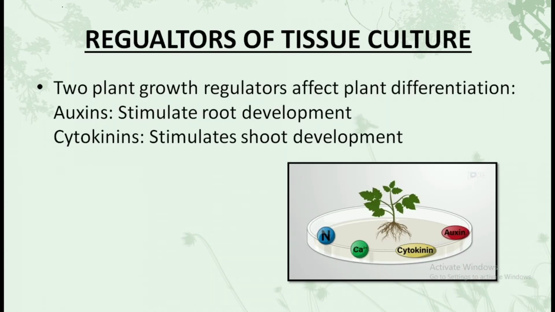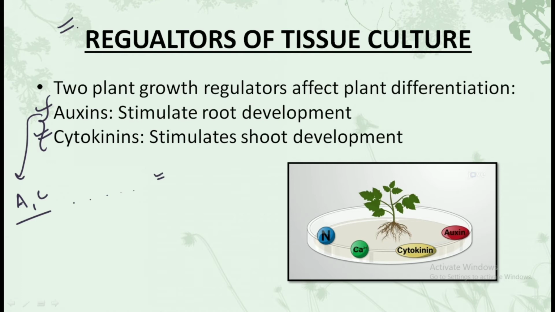So now let's discuss the regulators of tissue culture. We mainly have 2 important plant regulators. The first one is auxin and the second one is cytokinin. These are the 2 plant hormones that play an important role in the regulation of tissue culture. We have already discussed in depth about auxins and cytokinins and all the other important plant hormones, along with their mechanism of action and other things in complete detail.